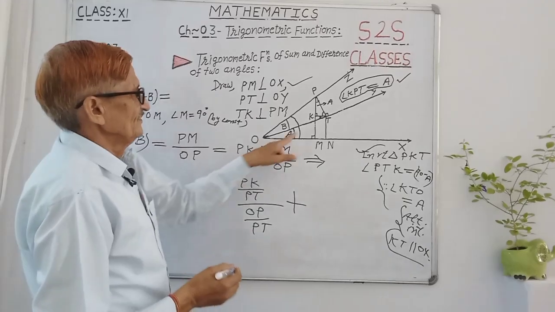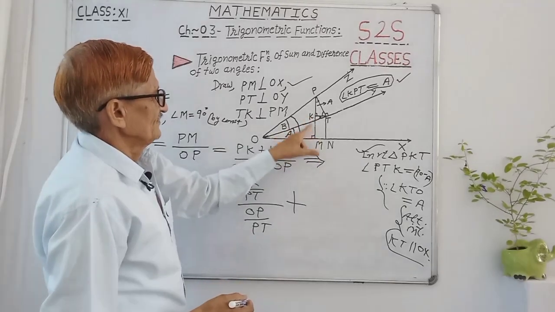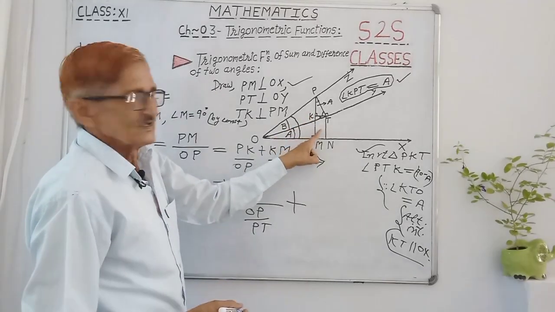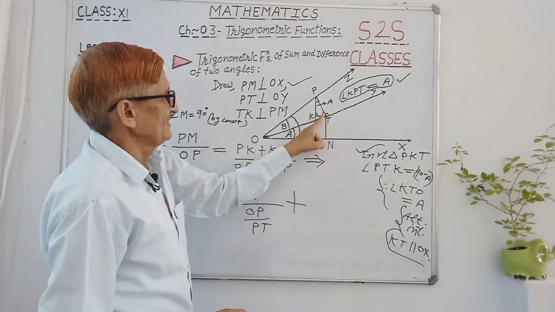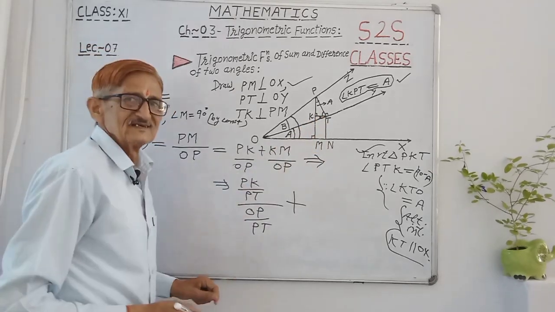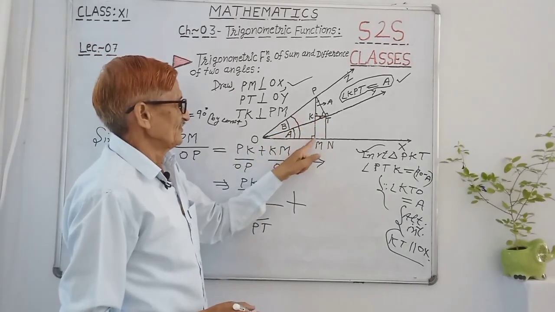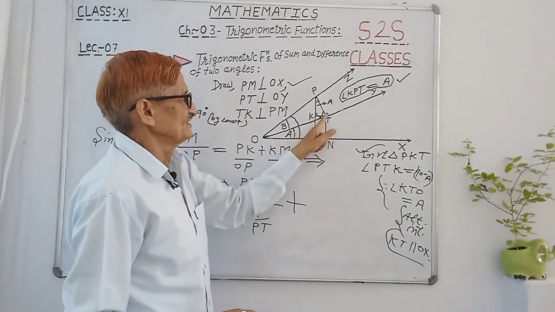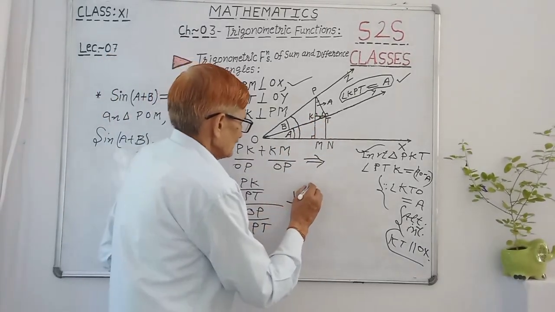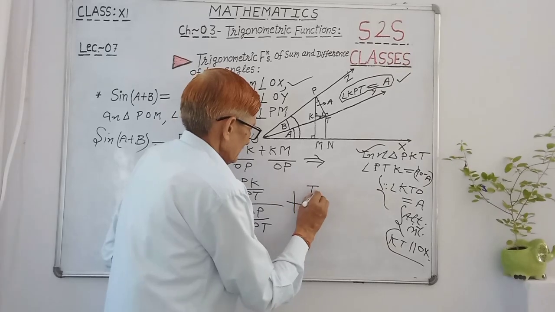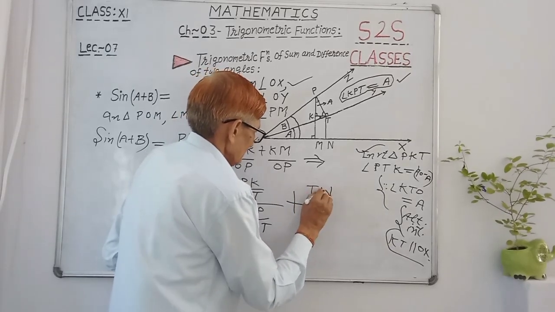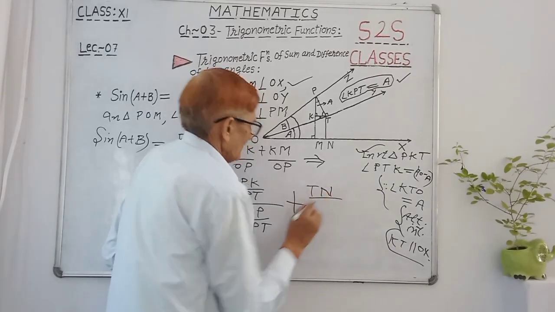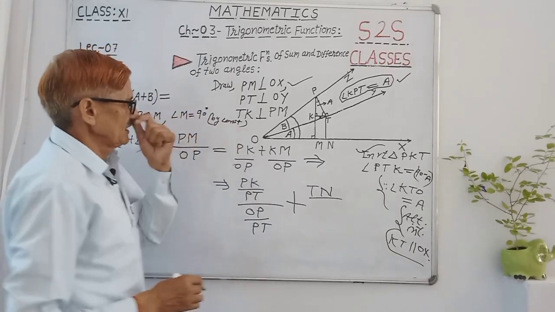Now plus KM. See in the figure, KMNT is a rectangle. So KM is equal to TN. So write here TN, and divide by TN here.